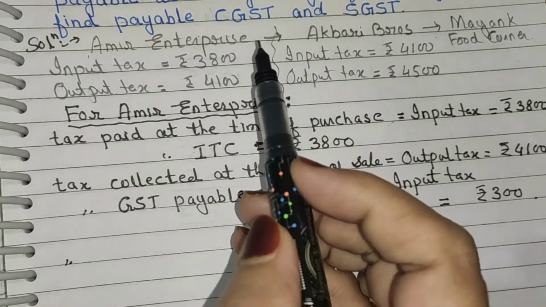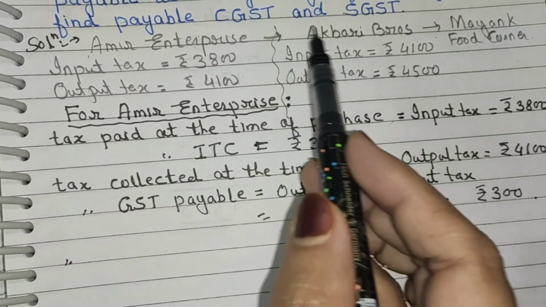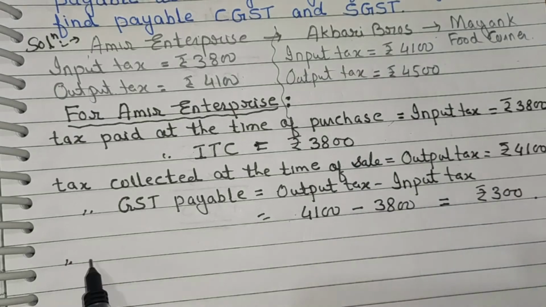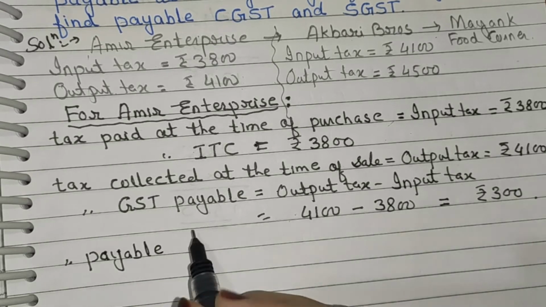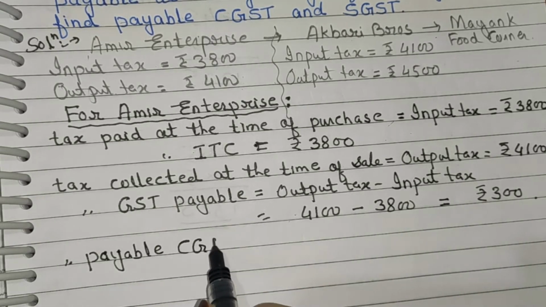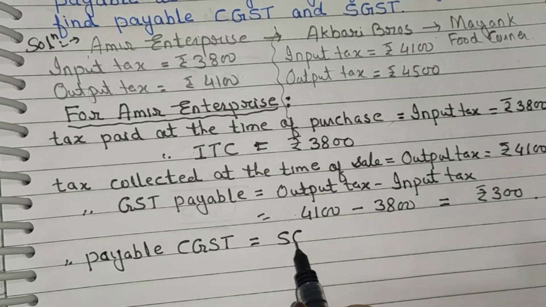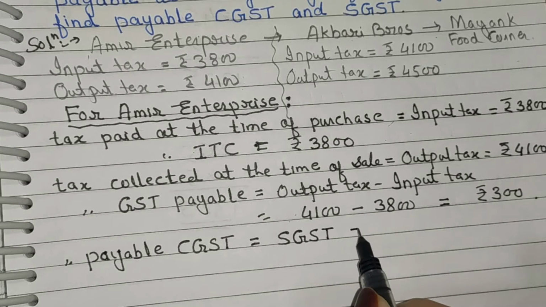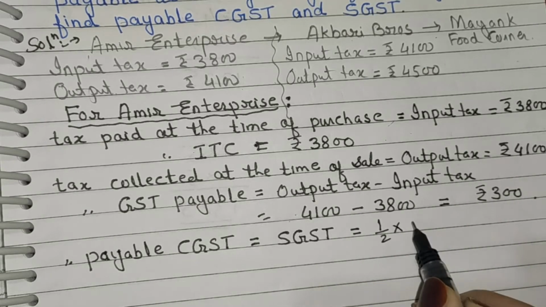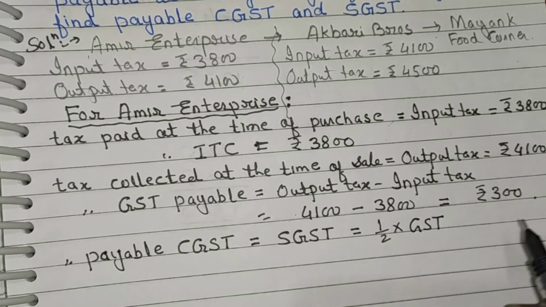Now our aim is to find payable CGST and SGST. Now we know that payable CGST is equal to payable SGST, which is equal to half of GST.